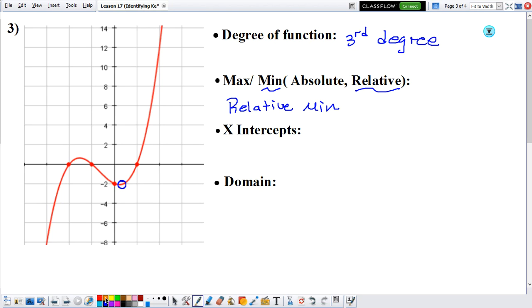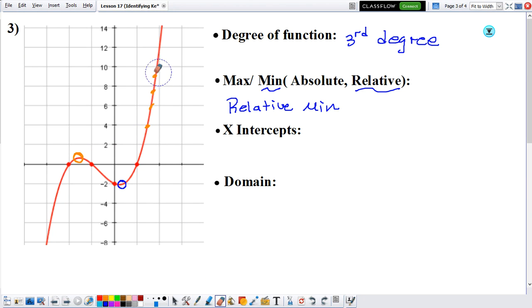Now, let's look at this point. You see where it changes direction here? That's a maximum. But now, is this the highest point that your graph can reach? No, we have more points here on the right side. So this is not an absolute maximum, but a relative maximum, because it is still a maximum, that is where your graph is changing direction. But is that the highest point that your graph can reach?